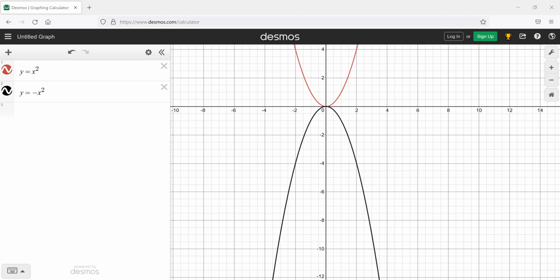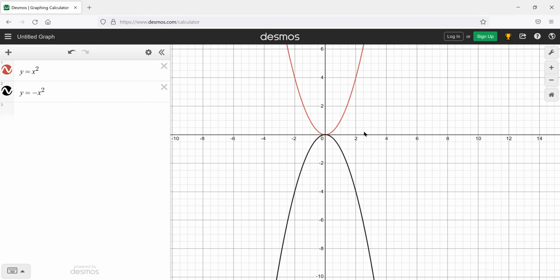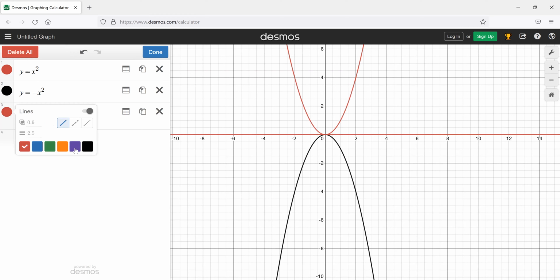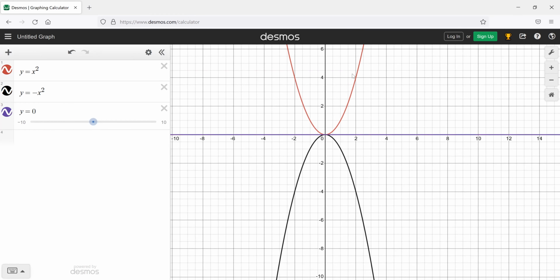So imagine there was a mirror here, right? This horizontal line was a mirror. When you look in the mirror, do you see yourself? Of course, but it's a reflection. So this purple line is like the mirror, and when the red looks in the mirror, it sees the black, and the black is the reflection.